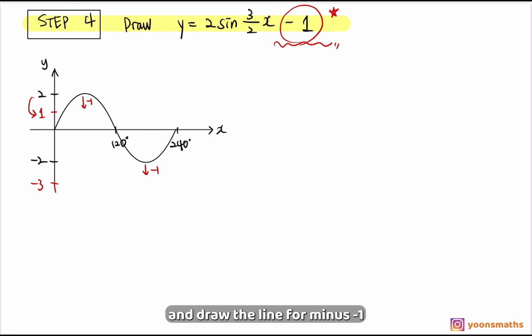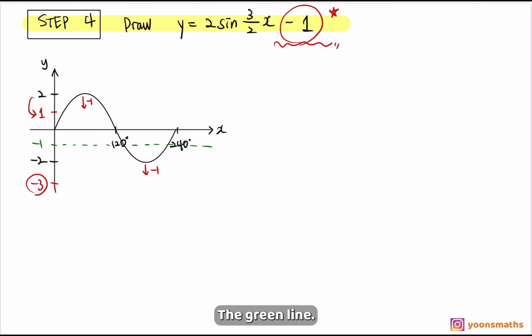And draw the line for minus 1, the green line. So the graph for step 4 is going to be like this. So let me highlight the graph. This one represents 2 sine 3 over 2 x minus 1.